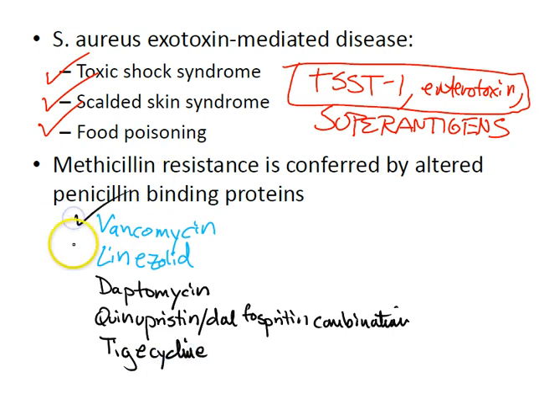So the two to remember are vancomycin and linezolid. Those are the ones that you need to know for the methicillin resistance conferred by the altered penicillin binding proteins.